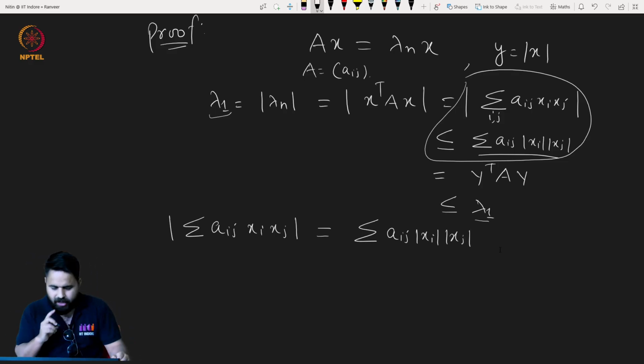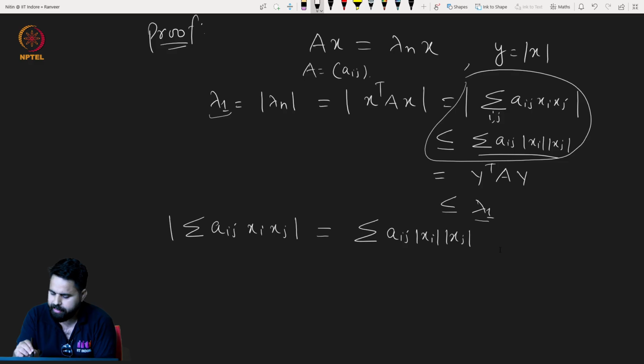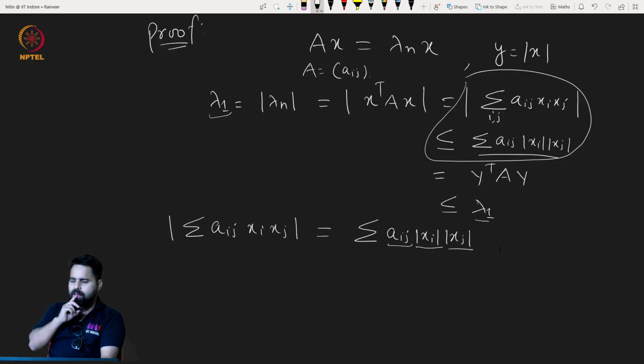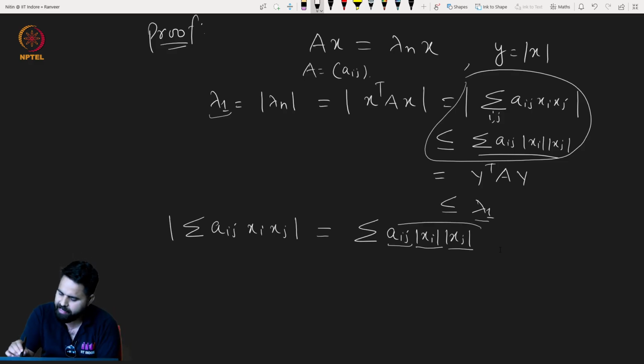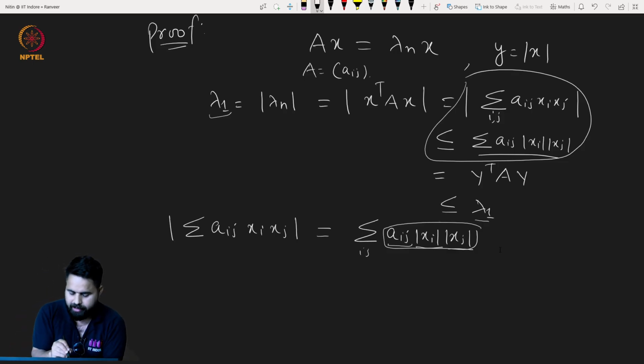Very good. Now if you see carefully, on the right hand side, if you open all these terms, all of them are positive. Basically each such part over all i, j is plus plus plus plus. What about the sum inside the mod?